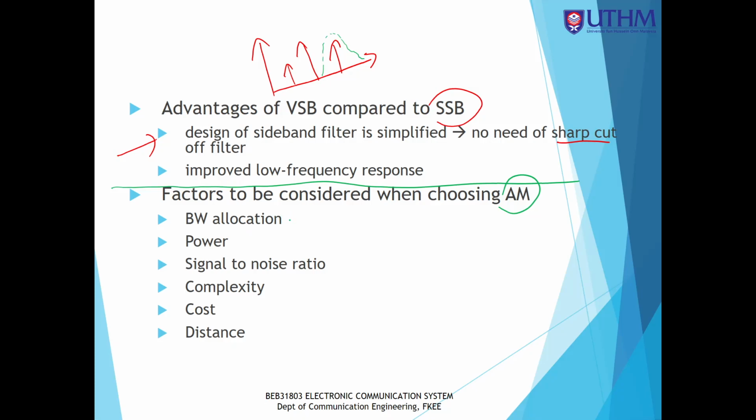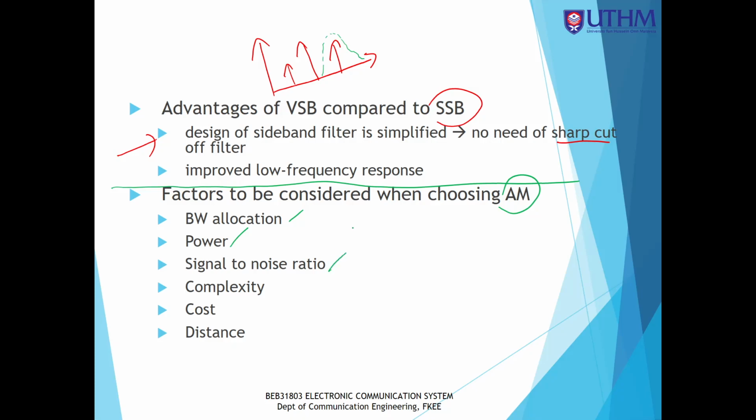You need to see the bandwidth allocation. If you require less bandwidth, that means you cannot use double sideband. You need to use single sideband. For power conservation, we can use suppressed carrier or single sideband, which is better than full carrier.